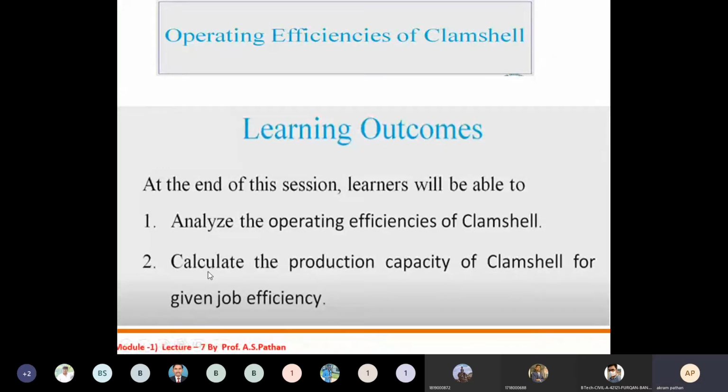The second most important learning outcome of the previous lecture is to calculate the production efficiency, or you can say the capacity, of a clamshell for a given job efficiency. These were seen in the last lectures.